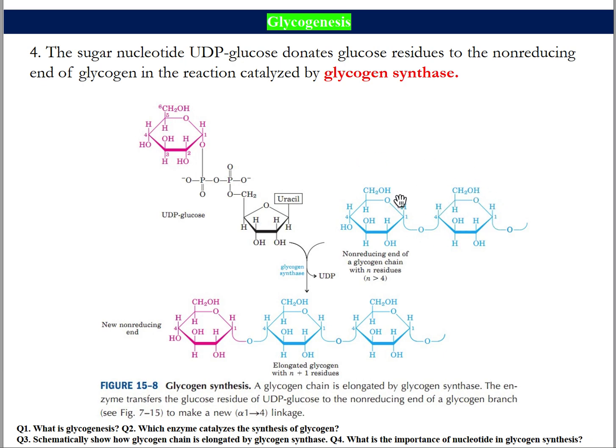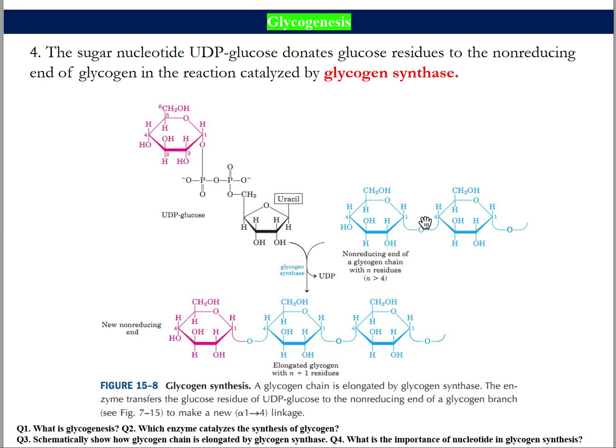If there is a preformed glycogen chain, the glycogen synthase enzyme is only able to add glucose on it, otherwise glycogen synthase will not work.